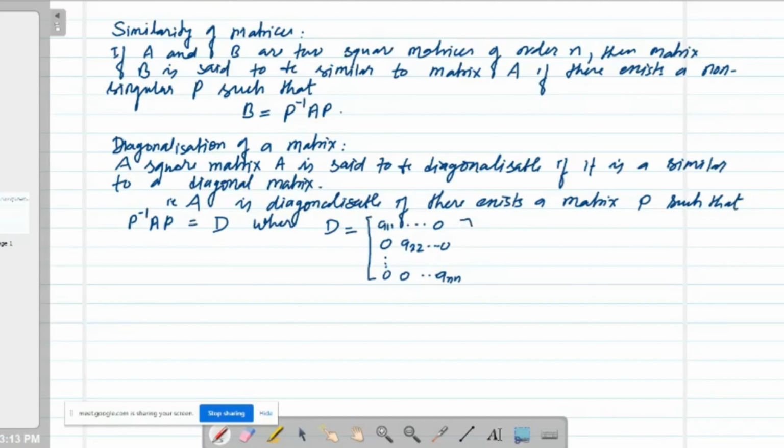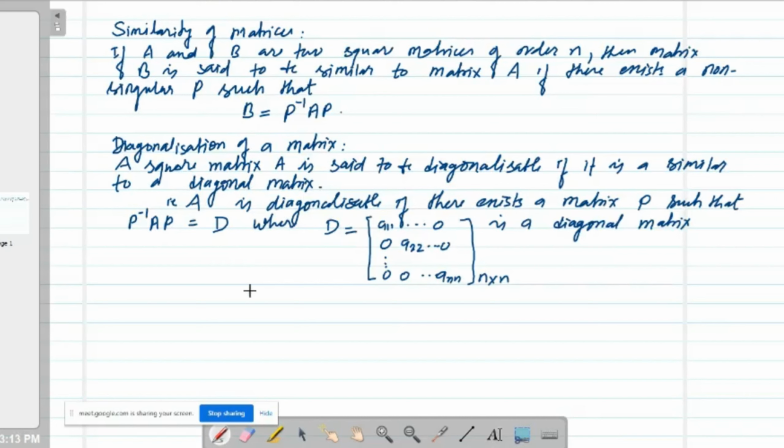This is the diagonal matrix. Only diagonal elements will survive and other elements are 0. And what is the order of this matrix? n cross n, where D is a diagonal matrix. Okay. And matrix P is said to be what?